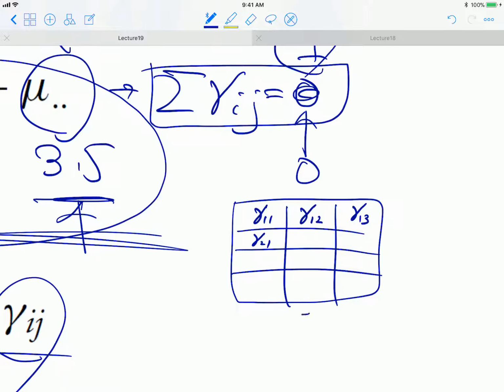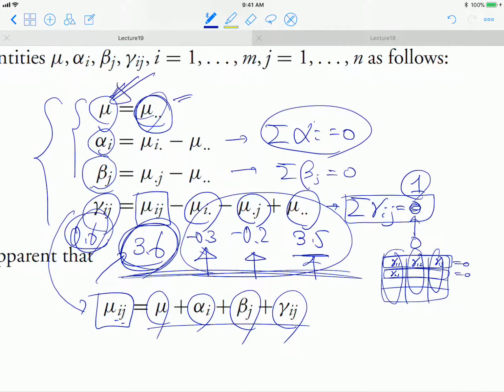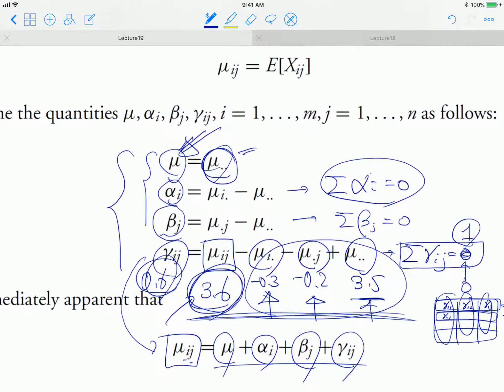So not just the summation of all these gammas should be 0, but also the row-wise sum of these gammas should be 0, and the column-wise sum should also be 0. That is also always satisfied when computing mu in this manner, taking the global average of the true mean values from all the cells.